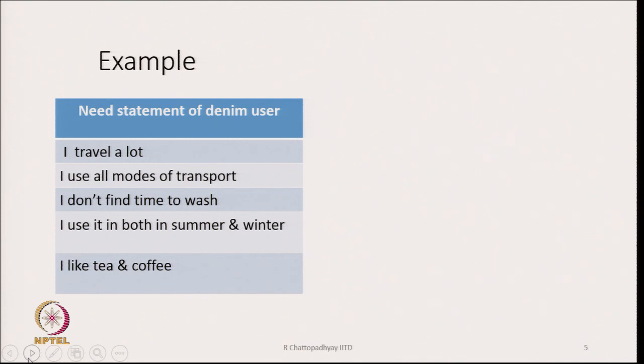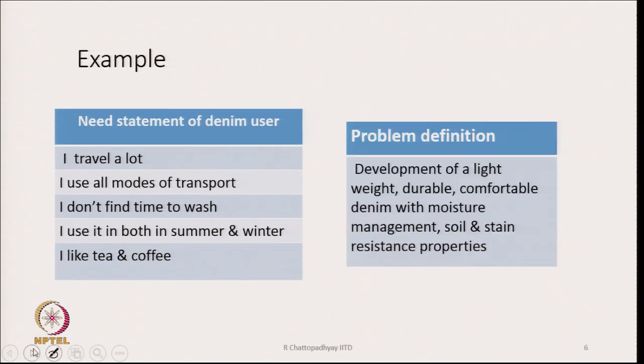Now, from this need statement we can write down a definition of the problem. So, what do we write? If we translate the need statement into a problem definition, then we can write: development of a lightweight, durable, comfortable denim with moisture management, soil and stain resistance properties. That could be the definition of the problem.